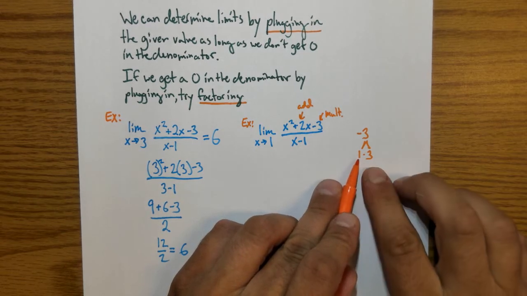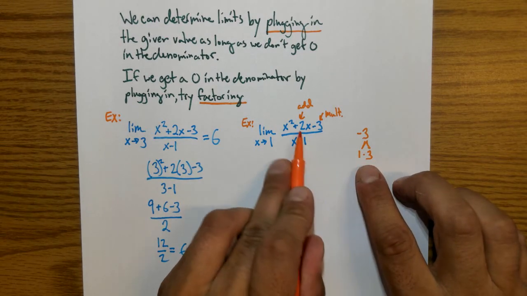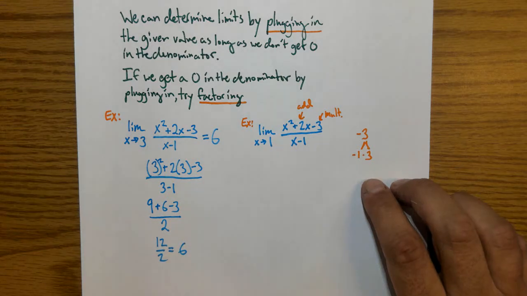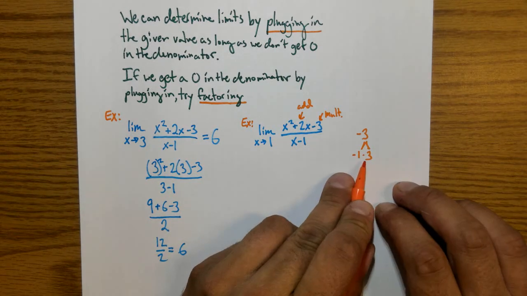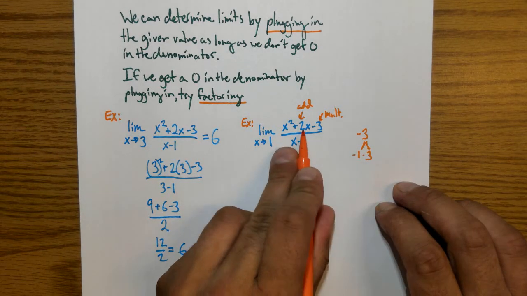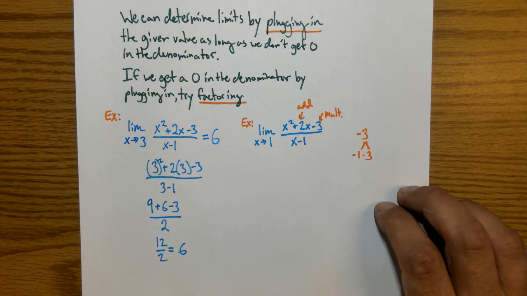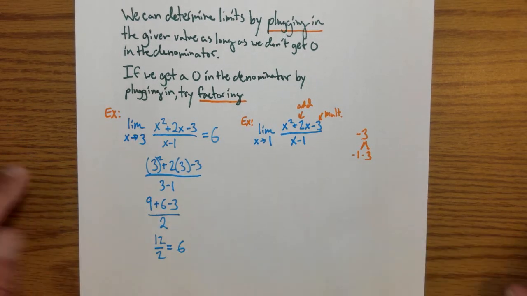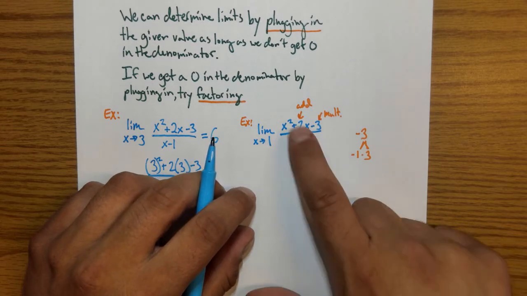So which one, if 1 were to be negative, would they add up to positive 2? In this case, the 1 would have to be negative, because negative 1 plus 3, or 3 minus 1, is positive 2. If I did it the other way, I'd get negative 2. So now I can go ahead and factor this top.